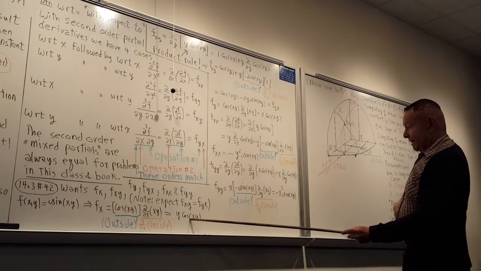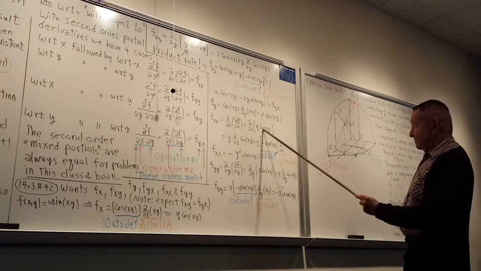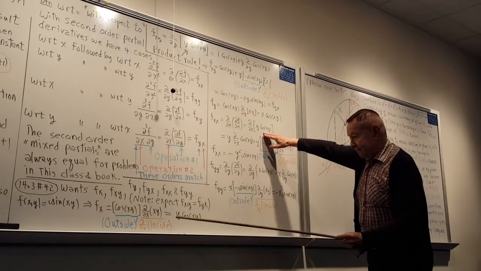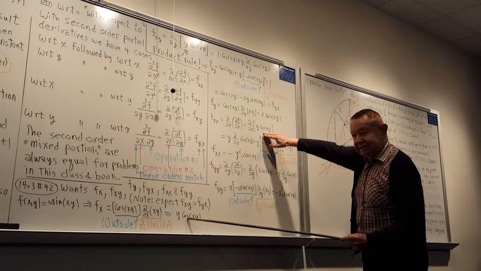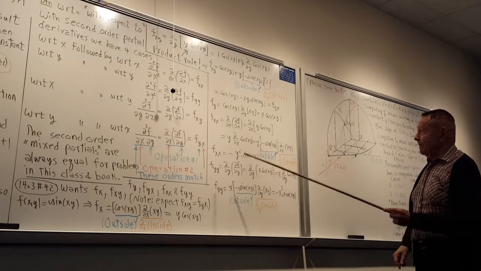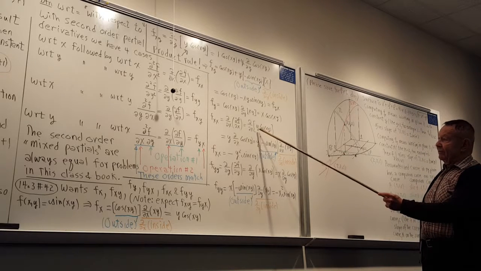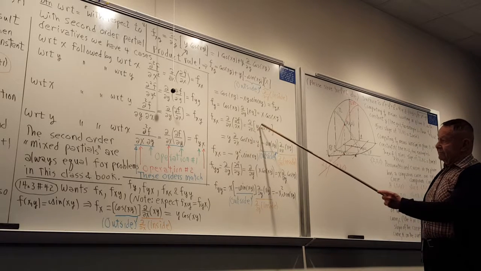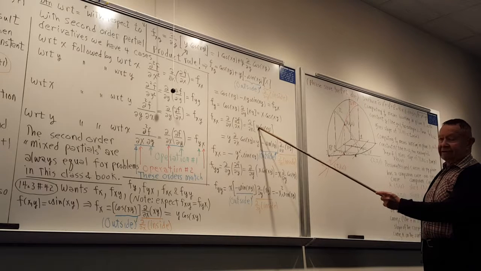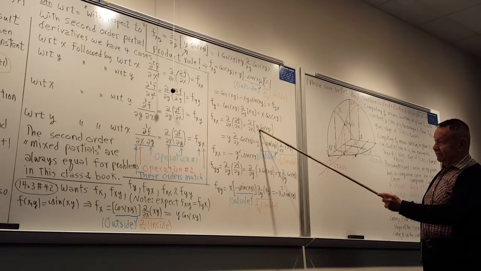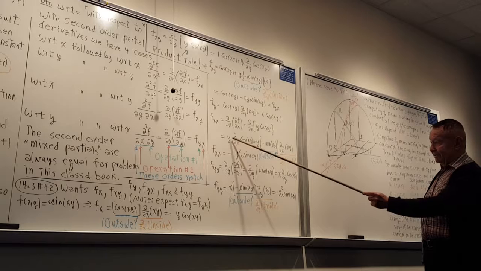So I want the partial with x of the y cosine xy that I have down here. The x and y being different letters, this is like a constant, so that goes on the other side.